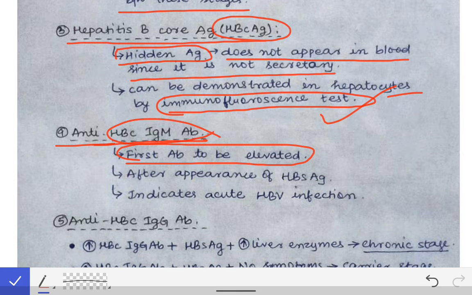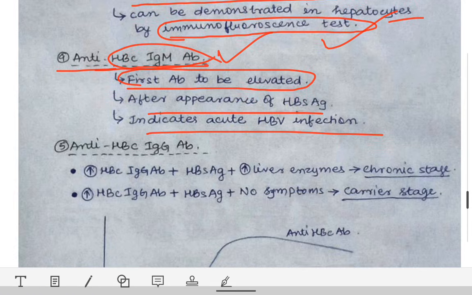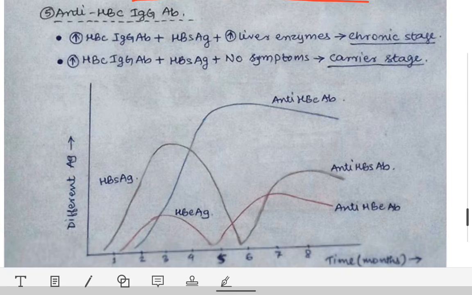Remember, the first antigen to be elevated was HBs antigen, but the first antibody to be elevated is the HBc IgM antibody, and this antibody appears after the appearance of the HBs antigen. This indicates acute HBV infection. Okay, just like the HBs antigen, it also indicates acute hepatitis B infection.